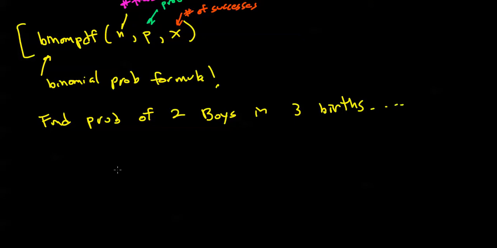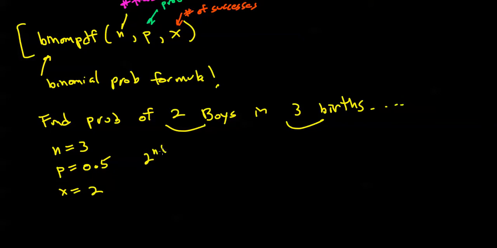Well, I claim this is a binomial probability distribution. You've got a fixed number of trials, 3 trials. The probability of success, a boy, in any one trial is 0.5, assuming boys and girls are equally likely as stated previously. And the number of successes we're looking for here is 2.